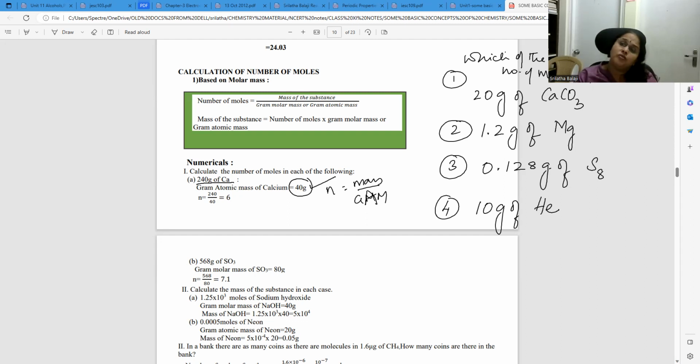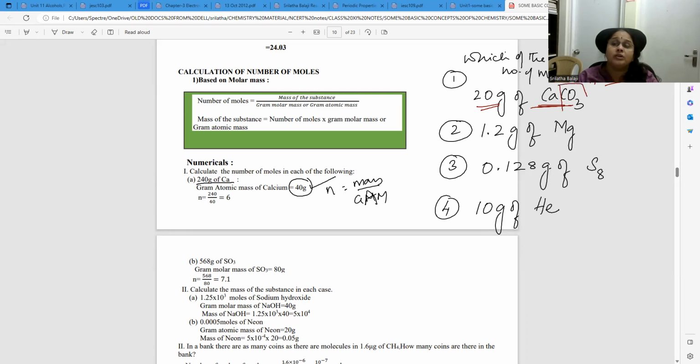So what is the mass of calcium carbonate? 20 grams. And what's the molar mass? Come on, students. Remember, students, yesterday itself I told you, atomic masses should be thorough. Whatever we did yesterday, keep it ready. You will be doing these calculations fast.